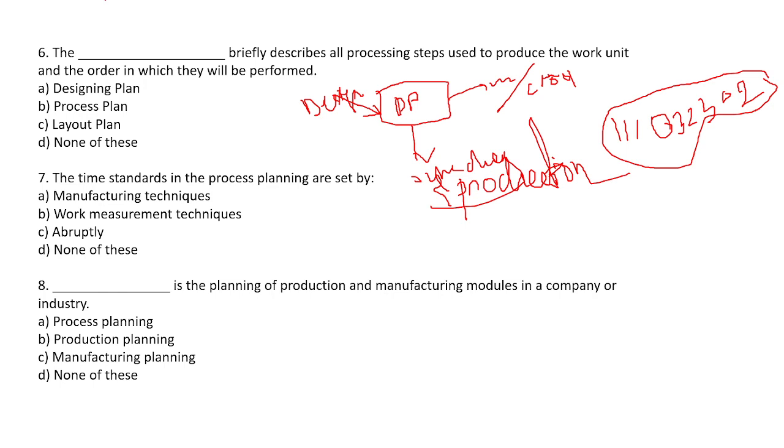So here the question is given as a fill in the blanks: briefly describes all processing steps used to produce the work unit and the order in which they will be performed. So the right option will be B only, process plan, right? And then, basically, who does that process planning?